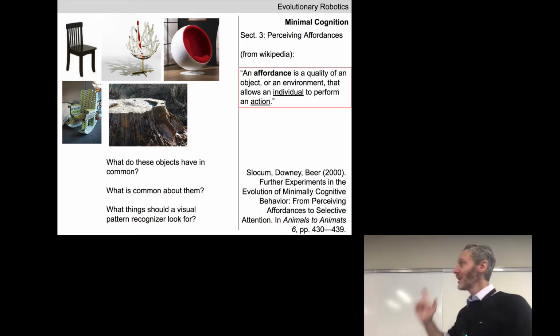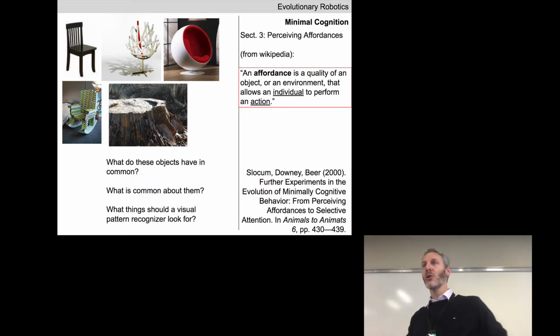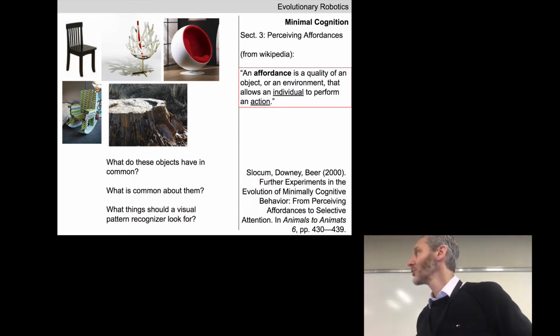Okay, so let's start with the first of the 4 building blocks of intelligence, and this is perceiving affordances. So what is an affordance? For those of you that have taken my HCI course, you may remember our discussion about affordances from there. An affordance is something that an object advertises, or from the lingo of psychology, it's something that an object affords. I have 5 objects to the left. What do they all have in common?